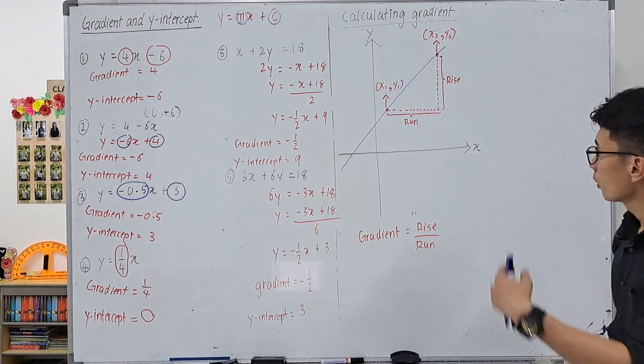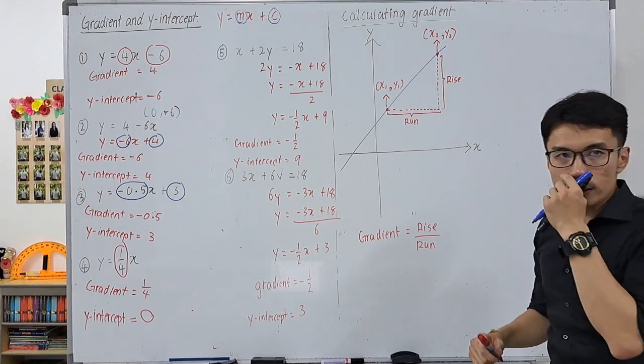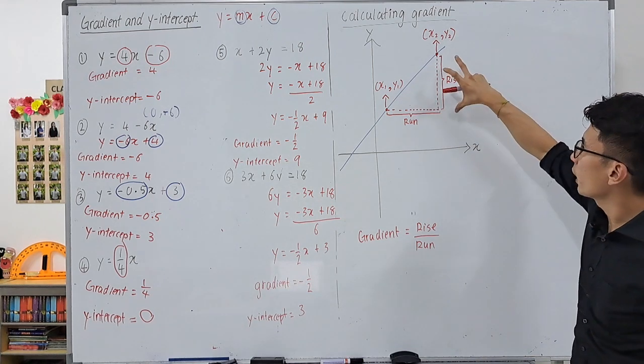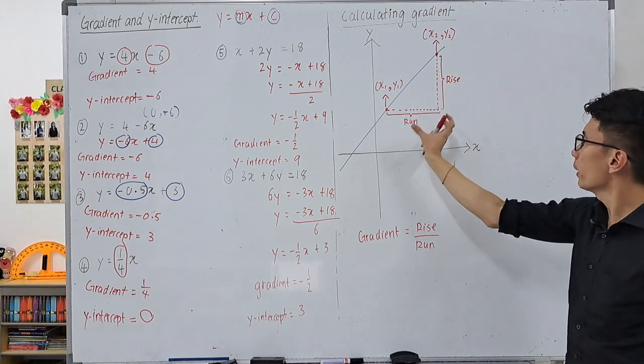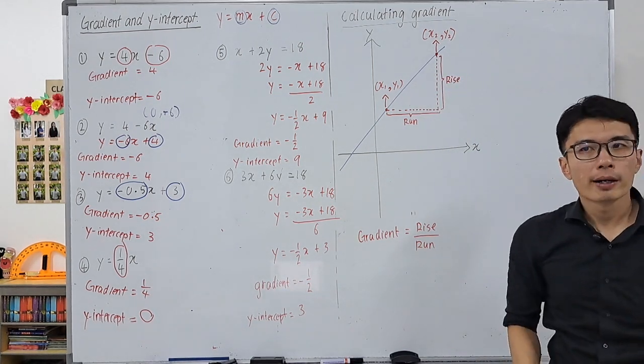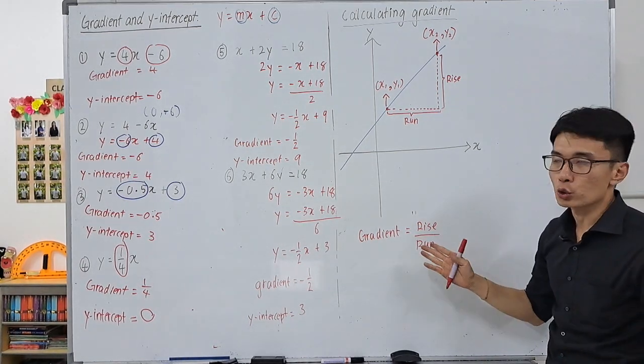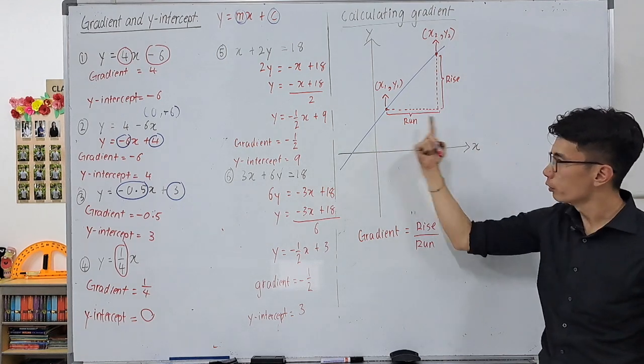So let's work this out again. In other words, all I am looking for is the height of the triangle divided by the length of the triangle, but it's usually defined as the rise over the run.